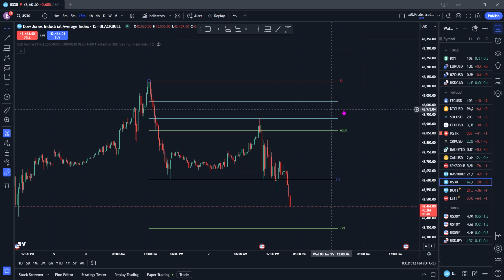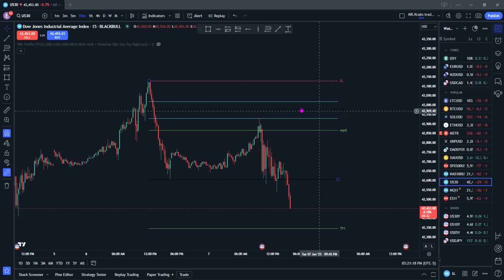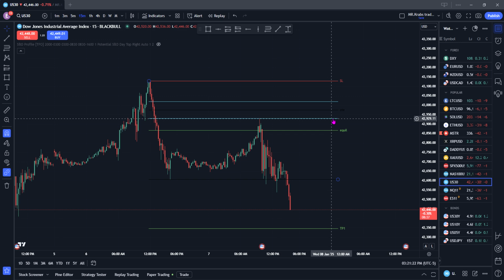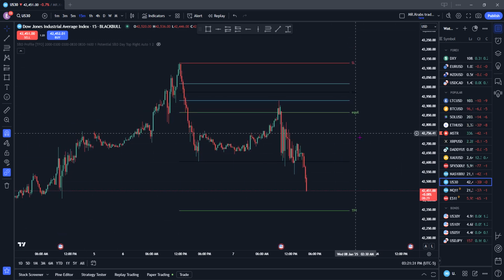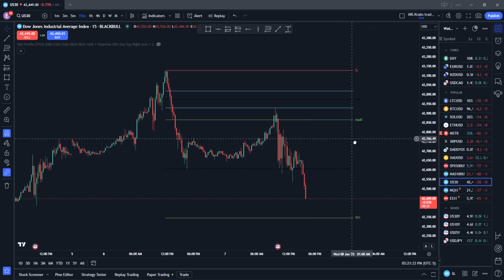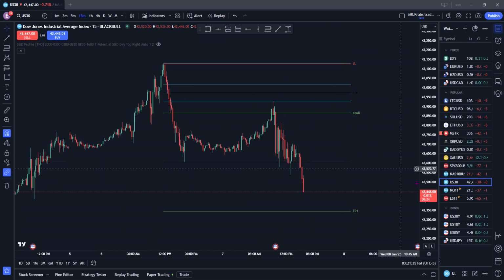Preferably you want to set your entry at OTE, but if you want to be safe and not miss the move, set your trade at the 62% level, and don't risk as much, and set your stop loss up here. Then you're not risking a lot more than you should, and you're still playing with the rules.